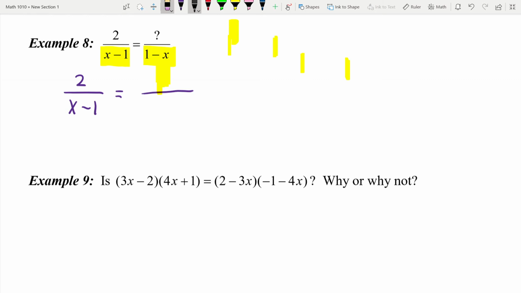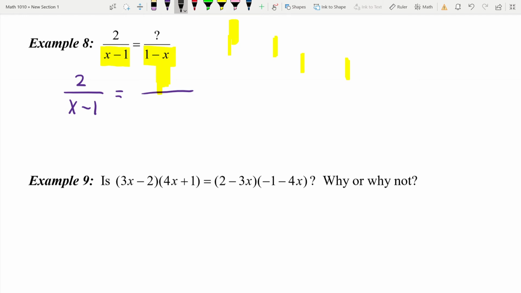Now, Jackson, just like you said a minute ago, see this negative right here? Don't ever keep it there. So I'm going to erase it and put it right there. Do not keep it on the bottom. So we have 2 over x minus 1 is something over x minus 1. But that something has a negative in front of it.